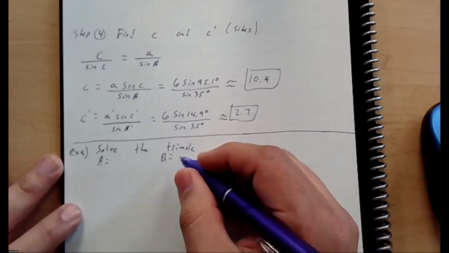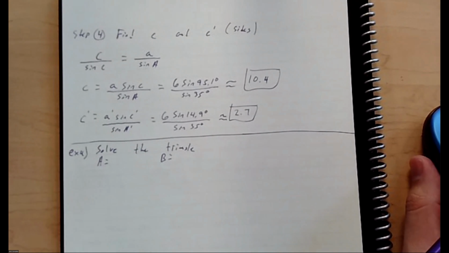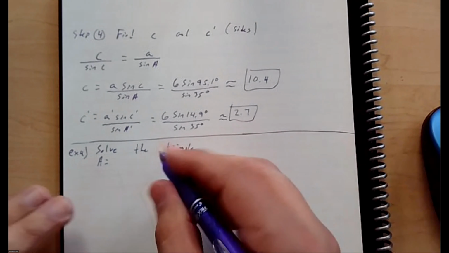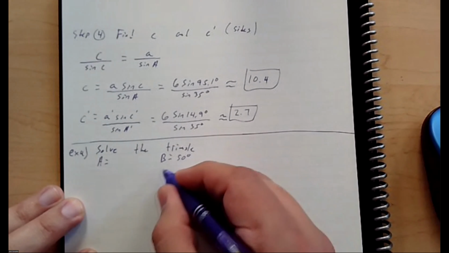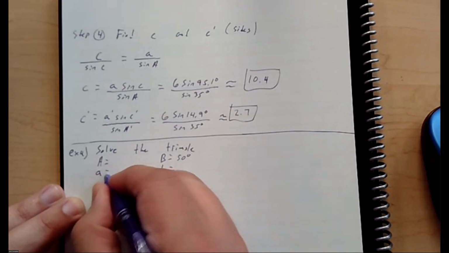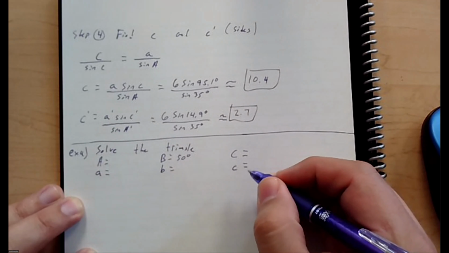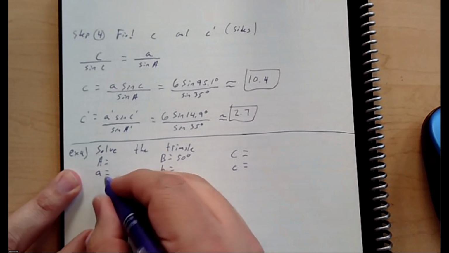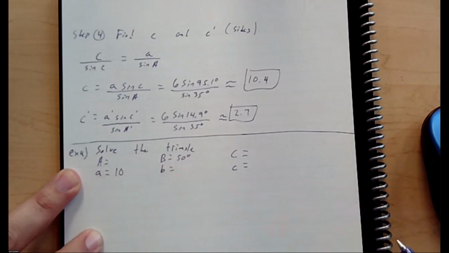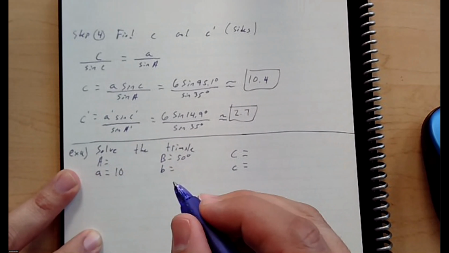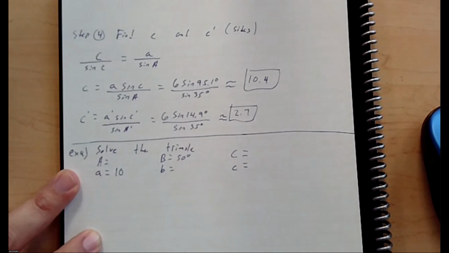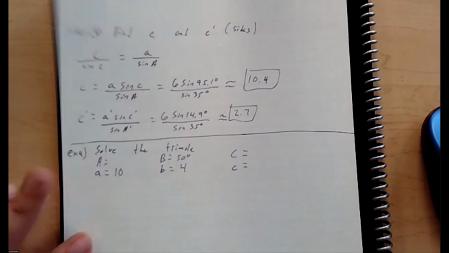They don't actually tell us anything. Let me see. Whatever. I'll call this 50. They give us lowercase a. Lowercase b. Yeah, okay.